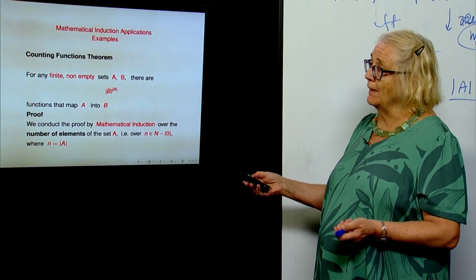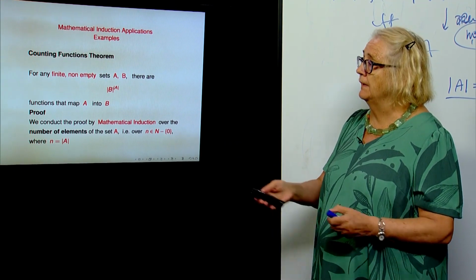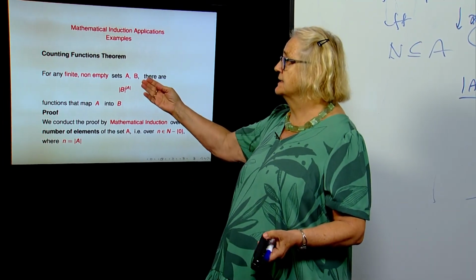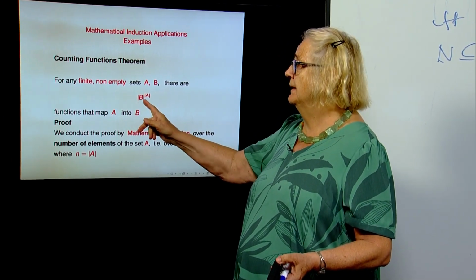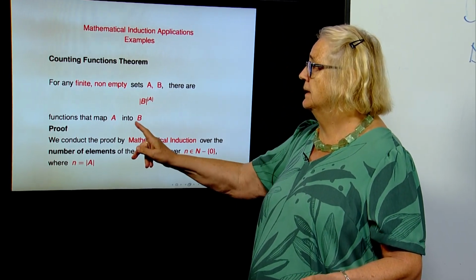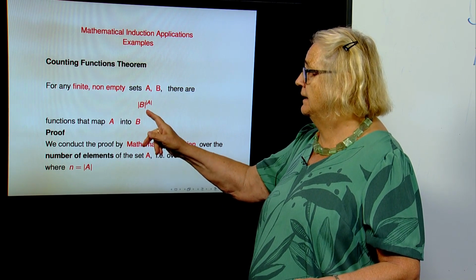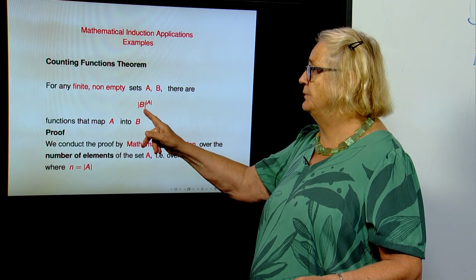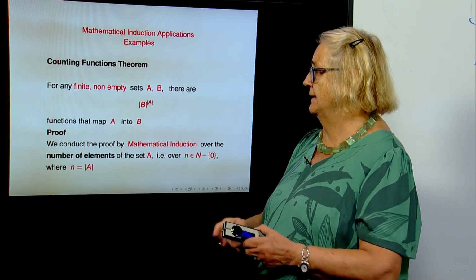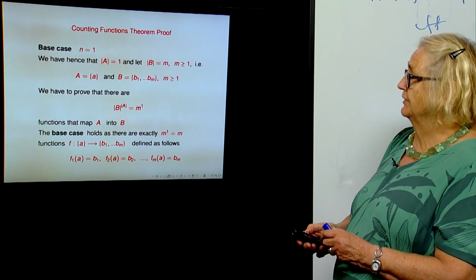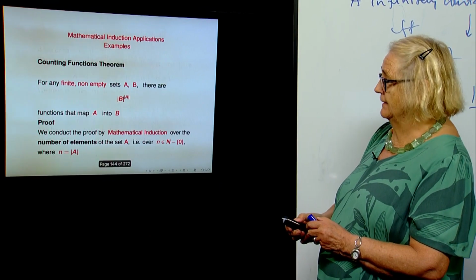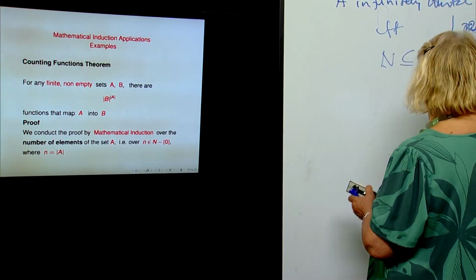For example, the counting function: you have two finite, non-empty sets. The set of all functions which map A into B has cardinality equal to the cardinality of B to the power of the cardinality of A. So you can write it in a simpler form.